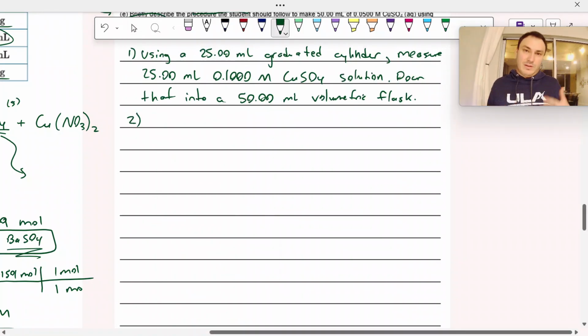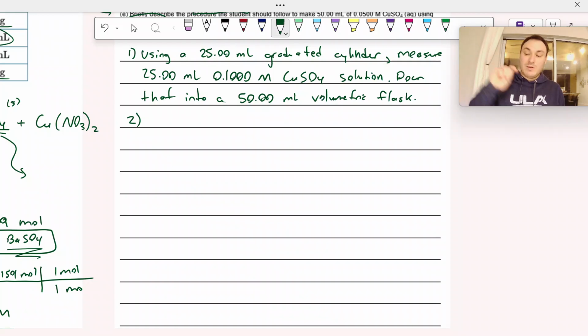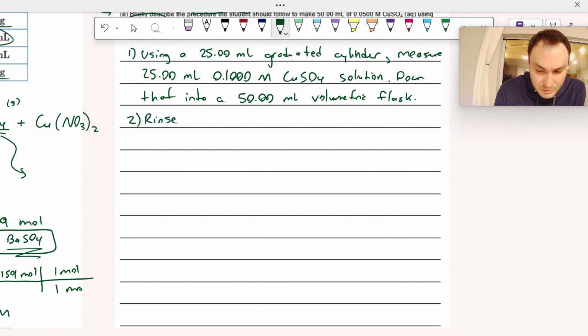All right, we've done this a couple times. So how do we make a solution in a volumetric flask? First, measure out the correct amount you need, pour it into the volumetric flask. The second thing I'm going to do is rinse my graduated cylinder with a small amount of distilled water.